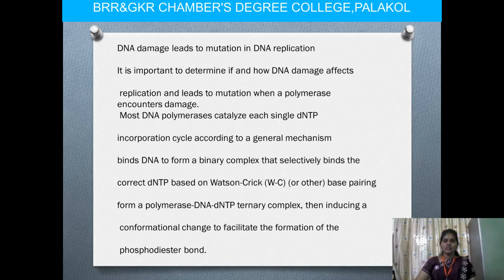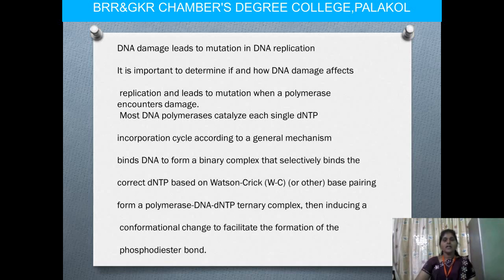These are the important things to know about DNA mutants during DNA replication. The mutants attach to the DNA and stop some of the sequences. Most DNA polymerases catalyze each single-stranded DNA base incorporation cycle according to a general mechanism: the polymerase binds to form a binary complex and selectively binds the correct dNTP based on the Watson-Crick model of base pairing, and forms the ternary complex.